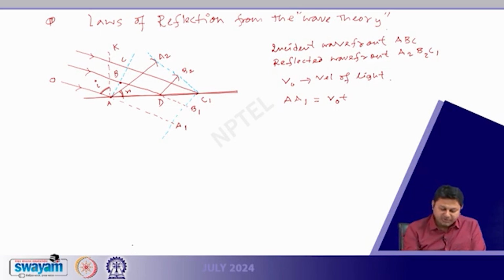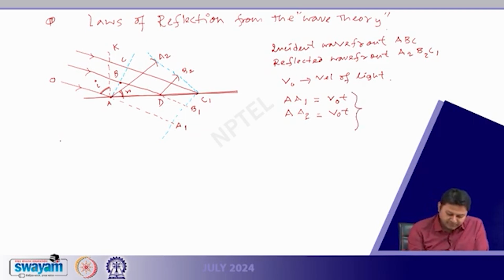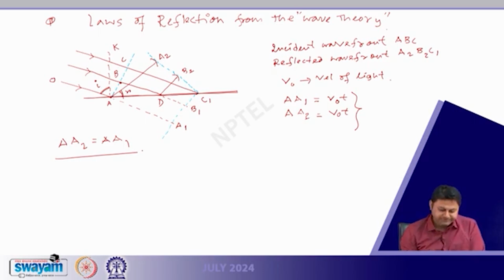But because of the presence of this boundary AC1, the light reaches from A to A2. So, A2 is equal to V0 t as well. So, essentially we have A2 will be equal to A1. That is the condition we have first.